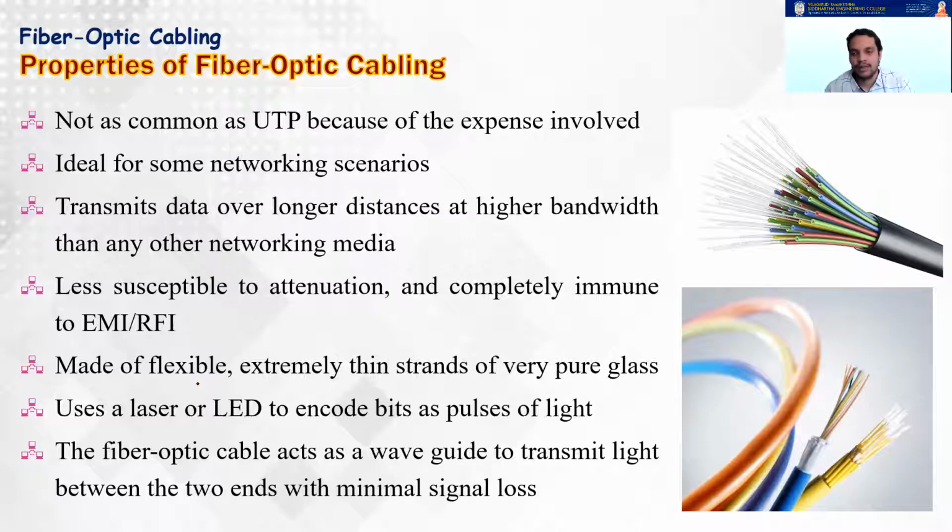It is very resistant to attenuation and atmospheric conditions. Even EMI or RFI has very little impact on optical fiber's transmission. It transmits data over long distances and at higher bandwidths than any other networking media, which makes optical fiber the best candidate for backbone connectivity.